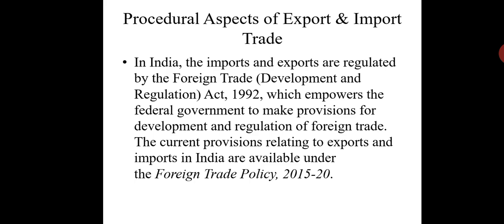After every 5 years the foreign trade policy changes according to the need of the world, the market, the economy and the nation. So the main rules and regulations regarding foreign trade are made under the Foreign Trade Development and Regulation Act 1992, and every 5 years the policies are changed under the Foreign Trade Policy.